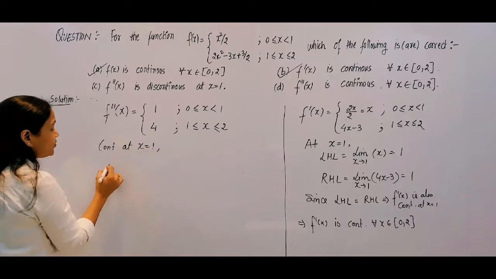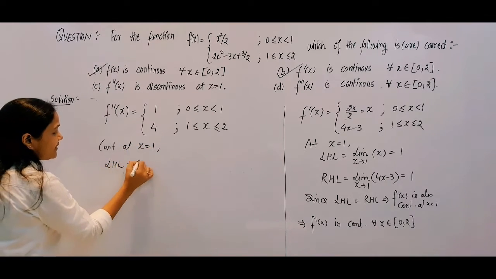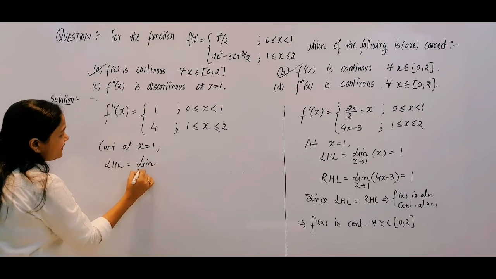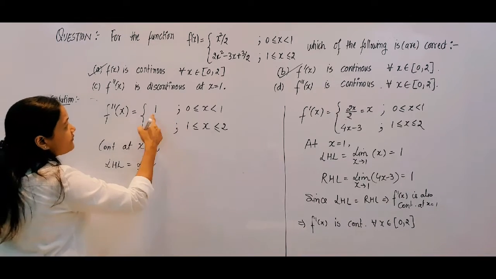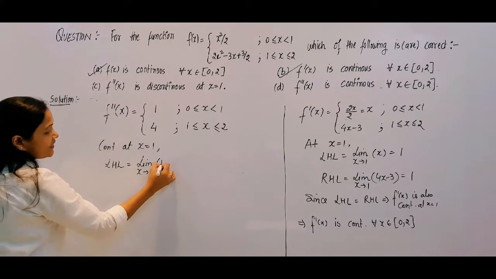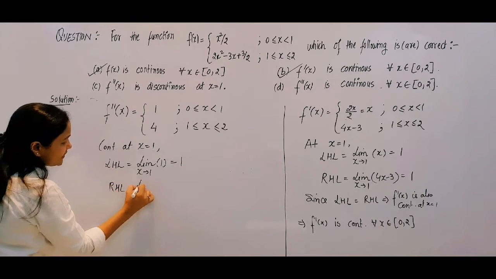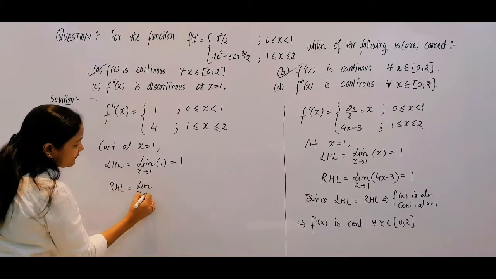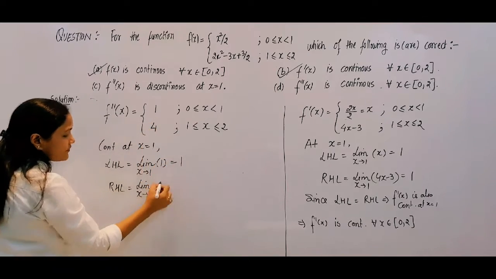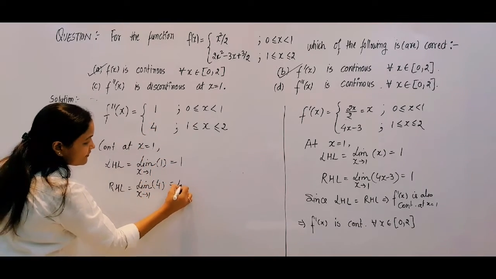1. उसके लिए आपको लेफ्ट हैंड लिमिट निकालनी है, and the left hand limit will come from this function and that is equals to 1, and the right hand limit will come from this function and that is 4.